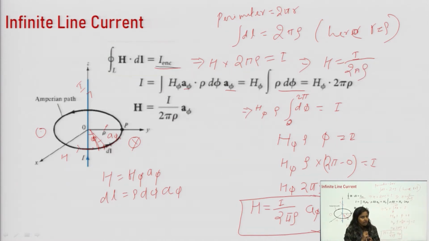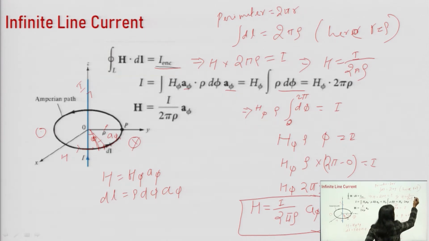In order to find the direction we will apply the right hand thumb rule. According to the right hand thumb rule, the thumb indicates the direction of the current and the curled fingers give the direction of the magnetic field. So we can see that our circle is moving towards a phi, that is the increasing direction of the azimuthal angle in cylindrical coordinates.